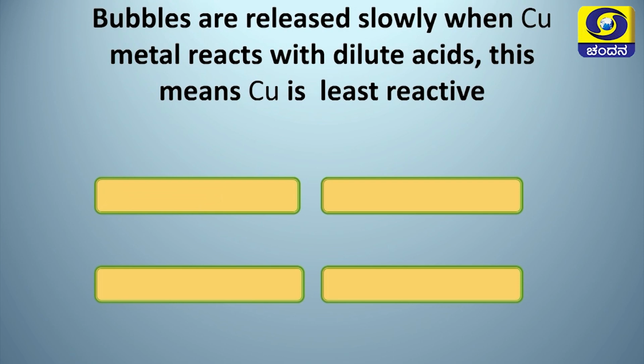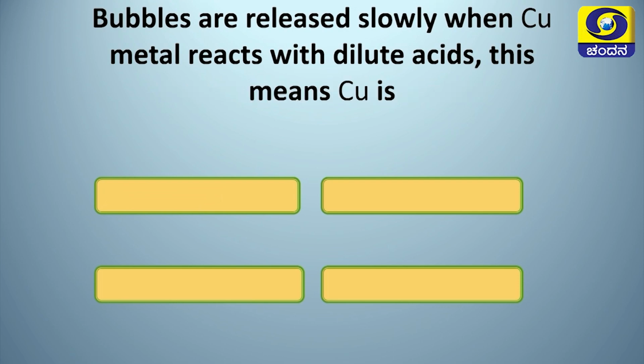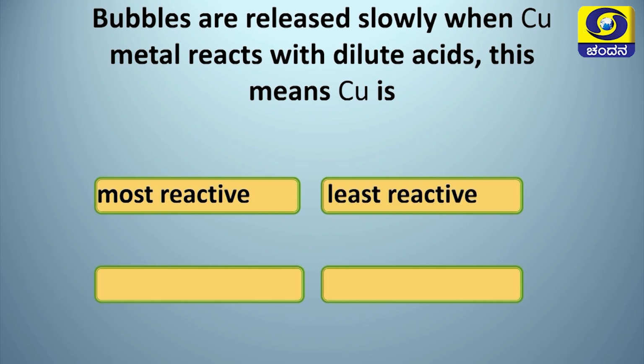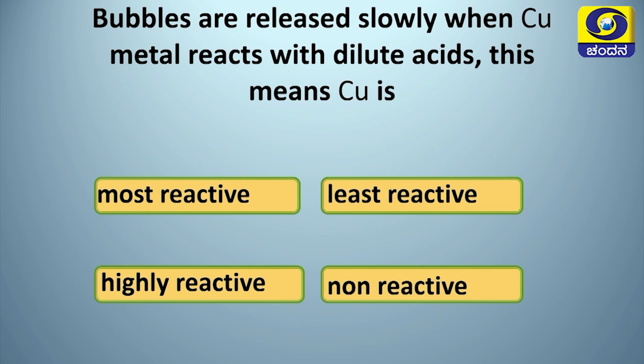Your second question: bubbles are released slowly when copper metal reacts with dilute acids. We saw that. This means copper is most reactive, least reactive, highly reactive or non-reactive. Now think, what is the answer? Let us see. Yes, the answer is, this means that copper is least reactive because the bubbles are released slowly.